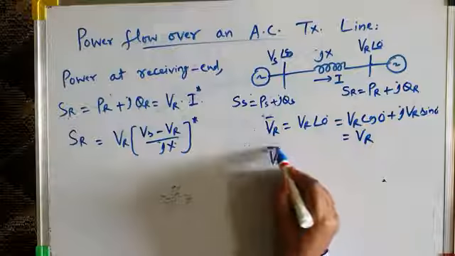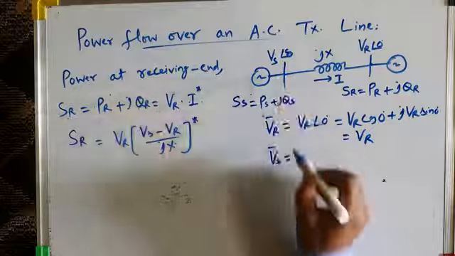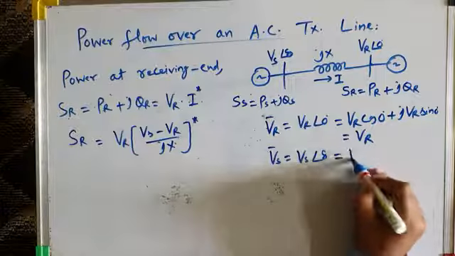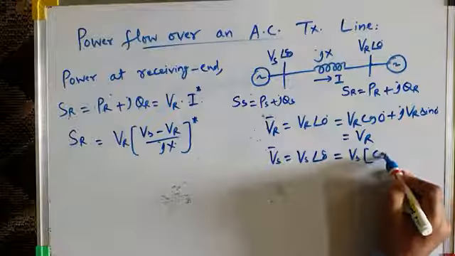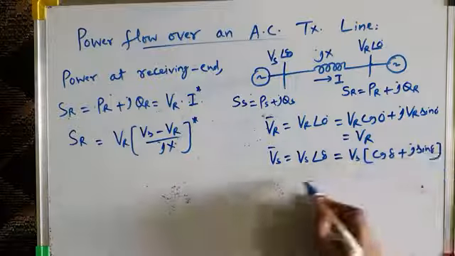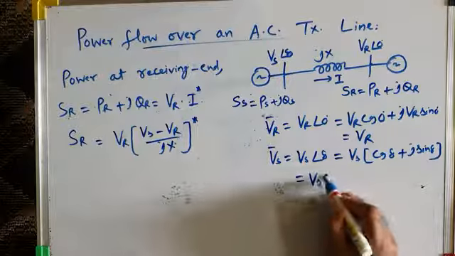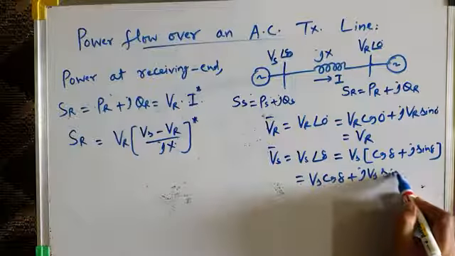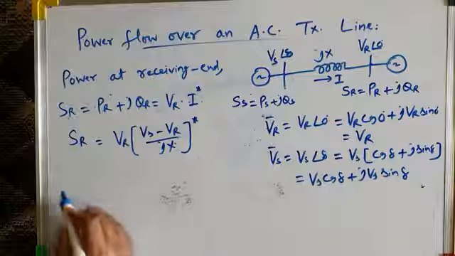Similarly, voltage at sending end Vs is Vs at an angle of delta. That is Vs times cos delta plus j sin delta, which is equal to Vs cos delta plus jVs sin delta. So we will substitute it in this equation.